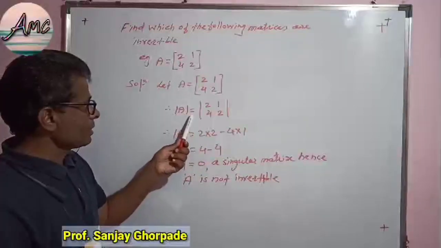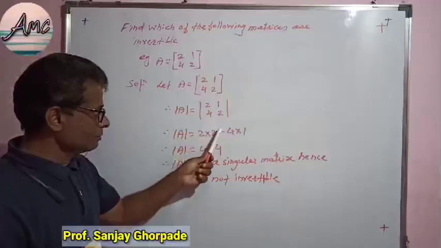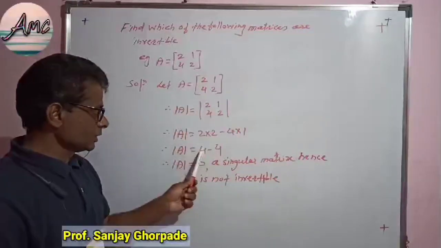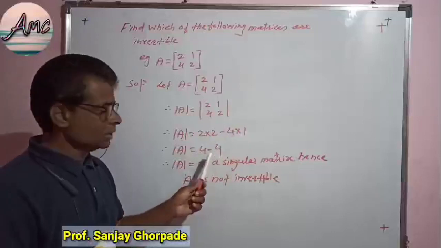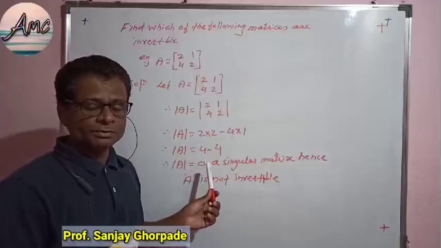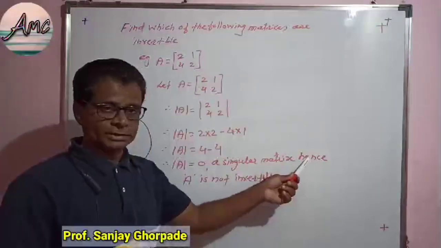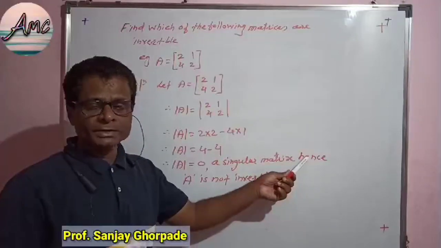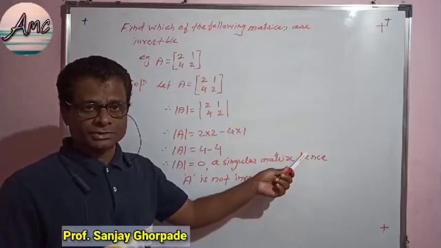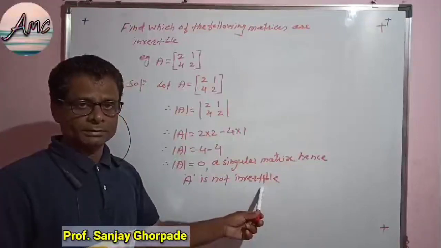Determinant of A equals 2 into 2 minus 4 into 1. So 2 twos are 4, minus 4 ones are 4. So 4 minus 4 equals 0. The value of the determinant equal to 0 means the given matrix A is a singular matrix. If it is a singular matrix, then its inverse does not exist, and hence A is not invertible.